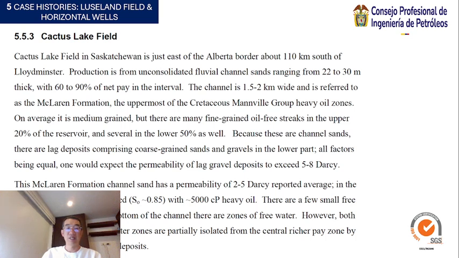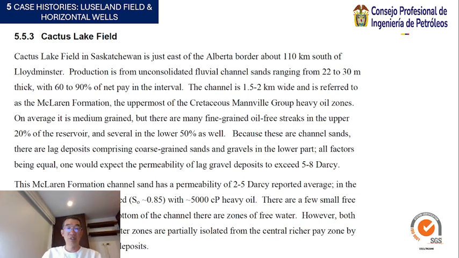The sand is saturated 0.85 with about 5,000 cp heavy oil. There are a few small free gas caps locally, and in the bottom of the channel there are zones of free water.